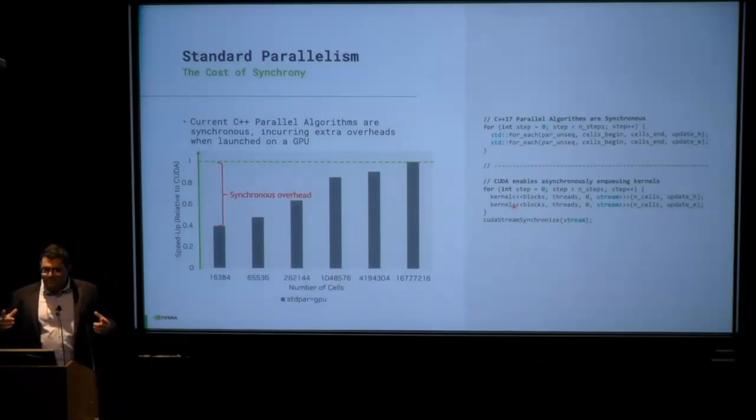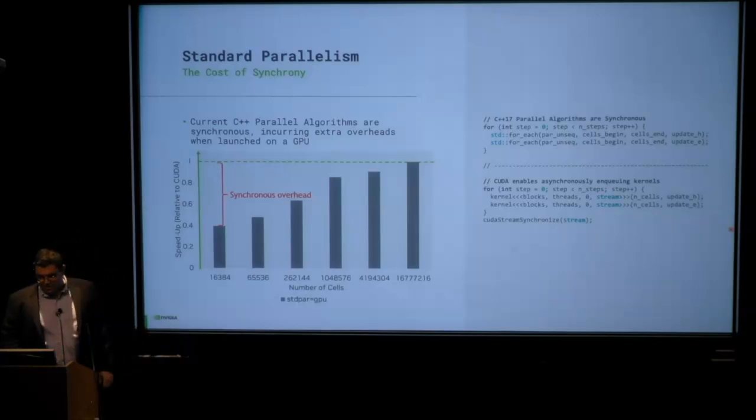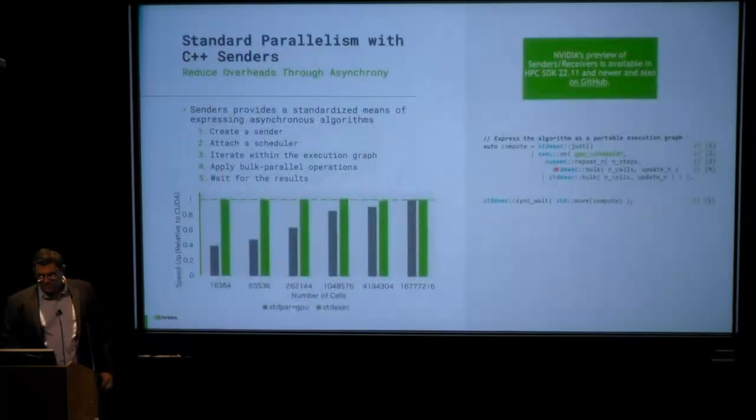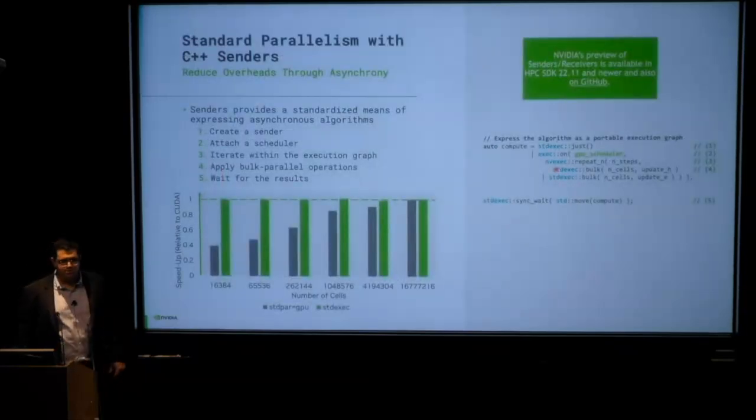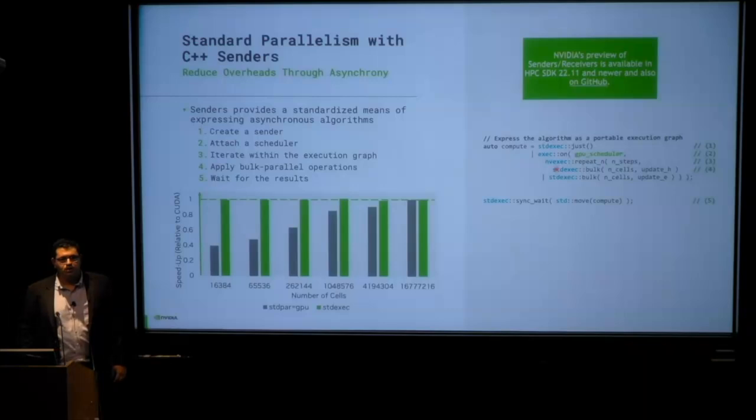With syncing on every call, that's why we made one call of that kernel and did all of the work, and saw a benefit that essentially approaches that. This gets even better with C++26, which has the senders and receivers proposal. That will provide a way to build an execution graph that includes all of the work, and you can launch it asynchronously and wait once for the results.